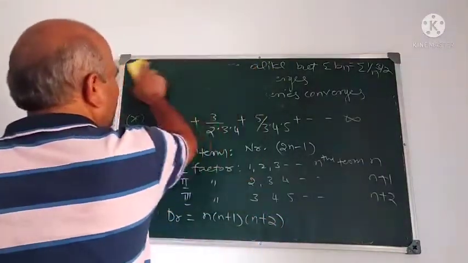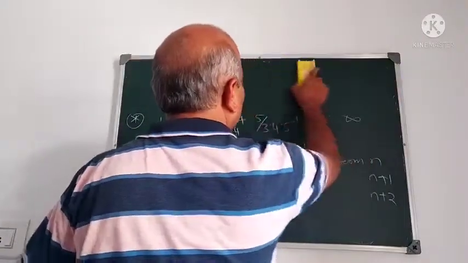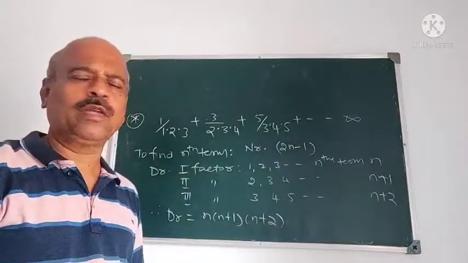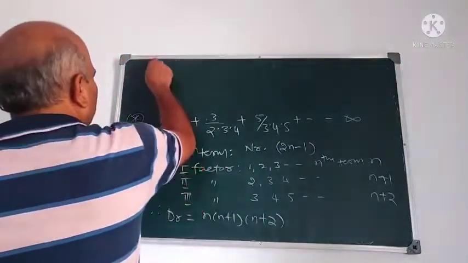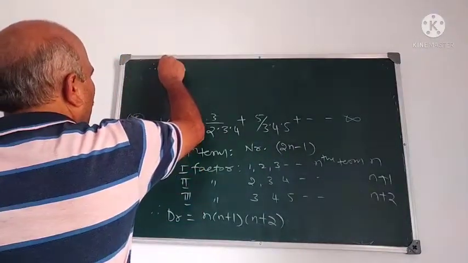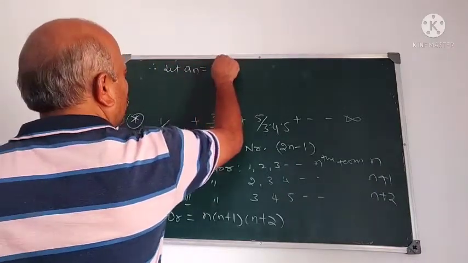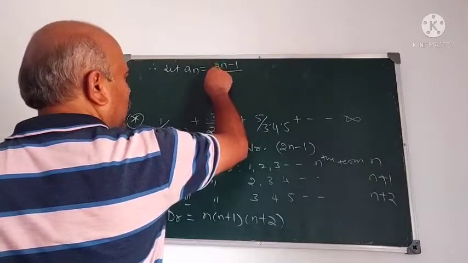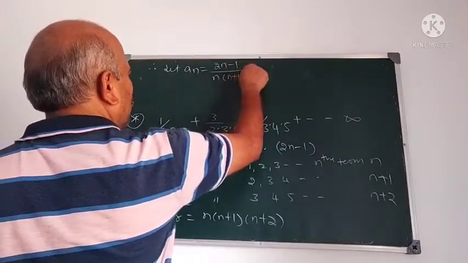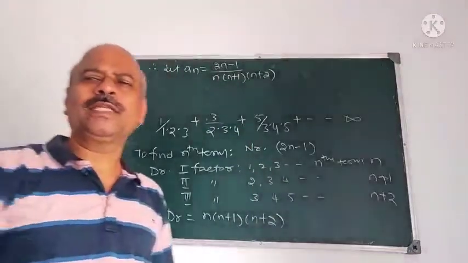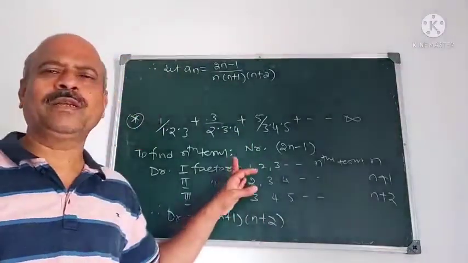So here we have to find the nth term also. First we have obtained that one, the nth term. Therefore, let an be 2n minus 1 by n into n plus 1 into n plus 2. So we can say that the problem is quite different here.